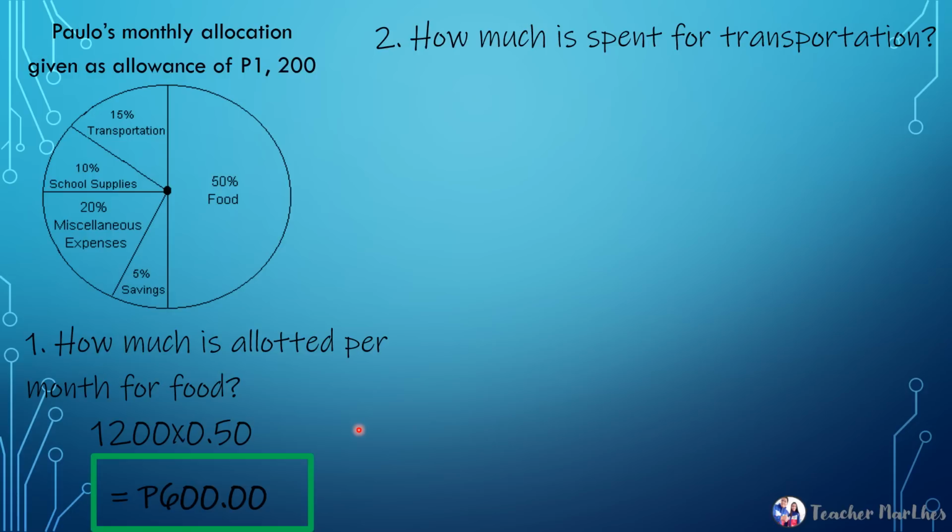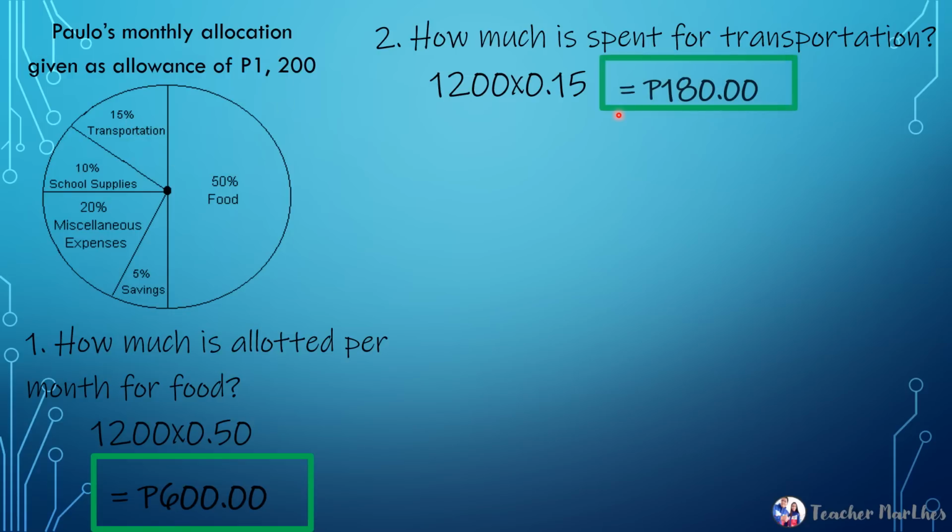Question number 2, how much is spent for transportation? So, 1,200 times 0.15 kasi 15% yung sa transpo. So, multiply. So, we have 180 pesos. So, for transportation, the allocation is 180 pesos. Then, number 3, how much does Paulo save in a month?